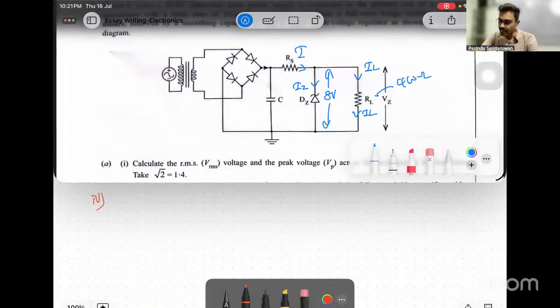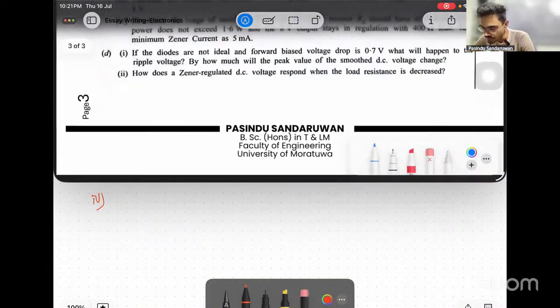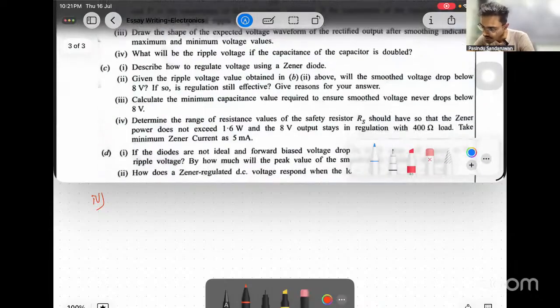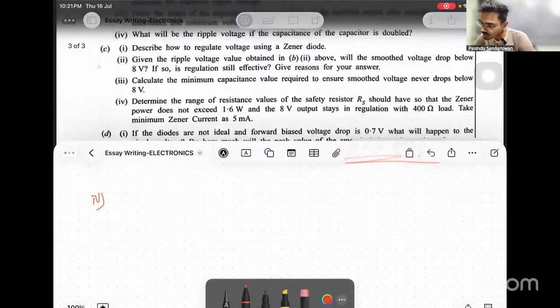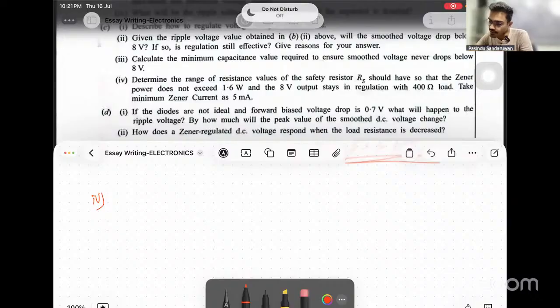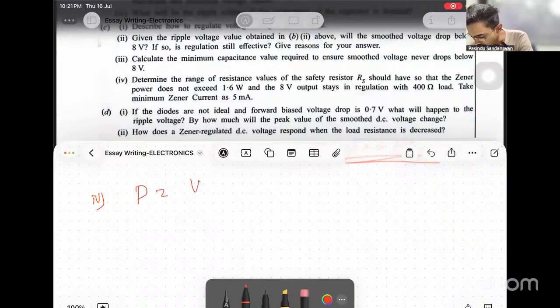The first part is that the Zener diode's power does not exceed 1.6. Does not exceed means that is the maximum value.